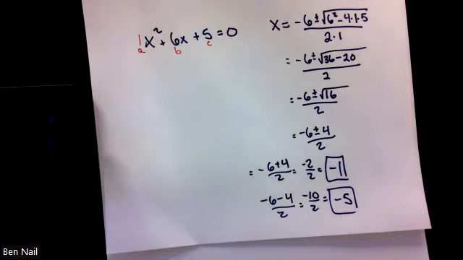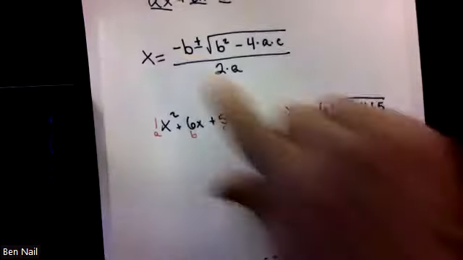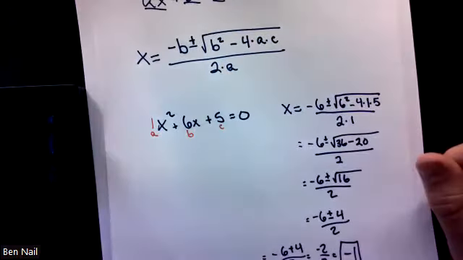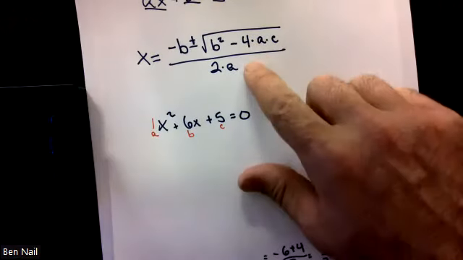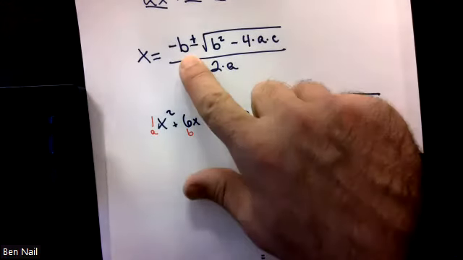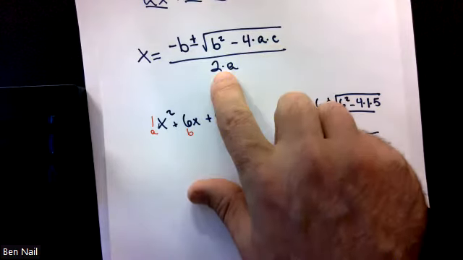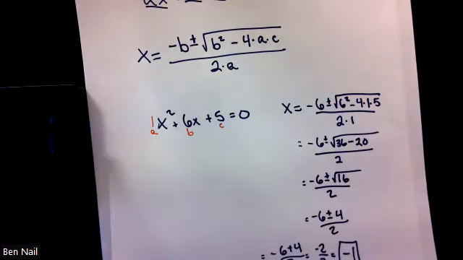So I'm going to walk through a few more examples using the quadratic formula just to make sure you understand how it works. I'm going to rewrite the formula pretty much every time just so you see it. This is not something I'm going to give you. This is a formula that if you want to use, you are going to have to memorize. So x equals negative b plus or minus the square root of b squared minus 4ac all over 2a.